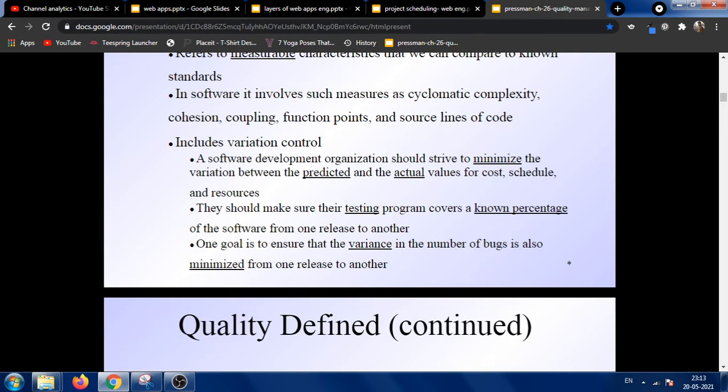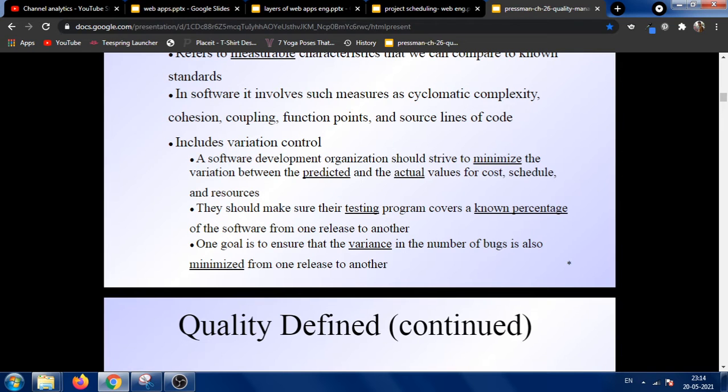Variation control refers to this: once you predict how much cost you are going to use, at what time we are going to complete, which is the schedule of the process, and also the resources we are going to involve in this particular process, the predicted values should be equal to the actual values.